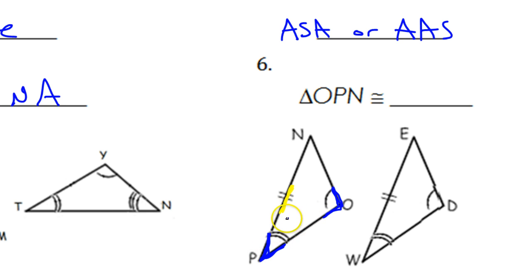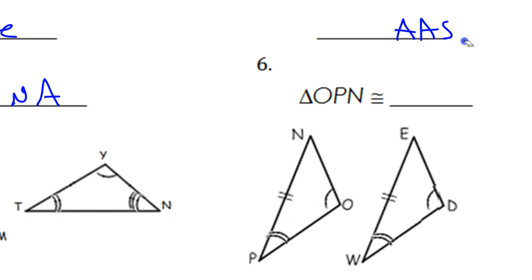And the answer, of course, is no. This is the side that's between the two angles right here. But that's not the one that's marked congruent. So this is the correct answer, angle, angle, side, because the side is not between the two angles. Okay, so we'll go with angle, angle, side.